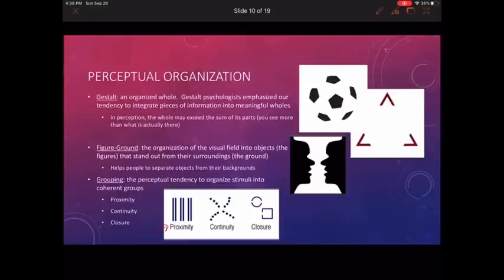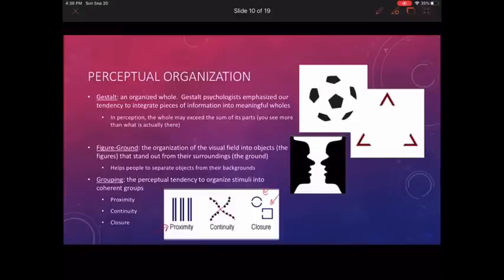It's just 6 lines. And then continuity is really just when you essentially connect the dots of something in your mind. So you perceive this as a continuous X instead of just a series of dots. And then closure, you would say that this is a circle and this is a square, even though they're not fully closed off.